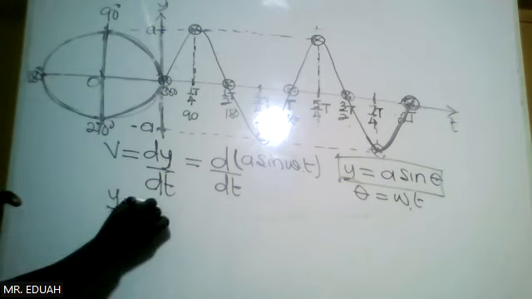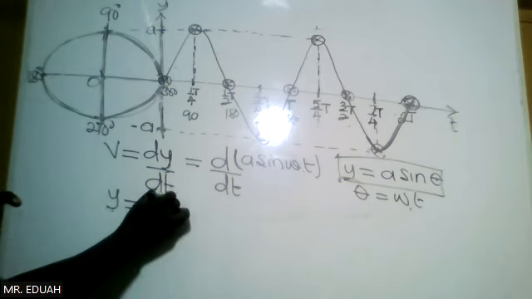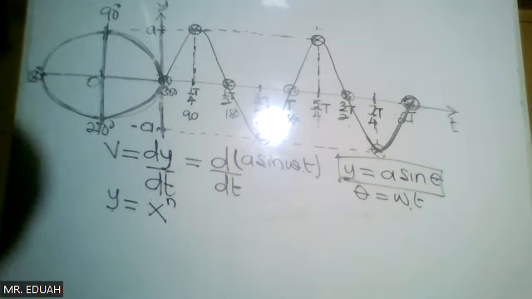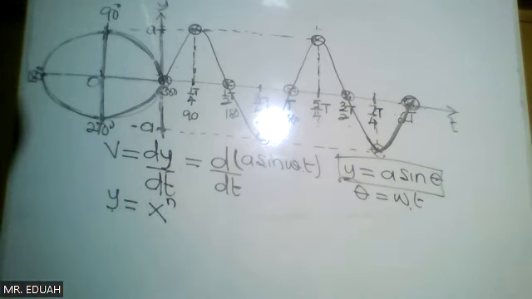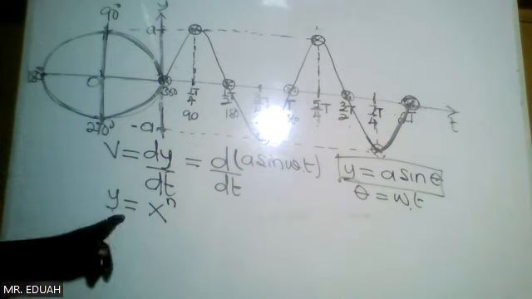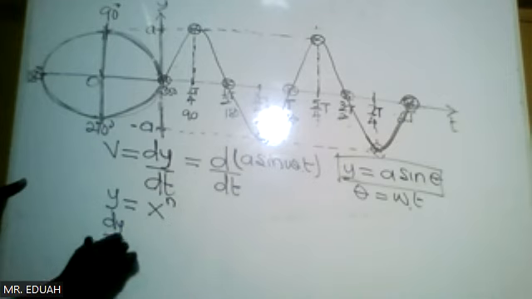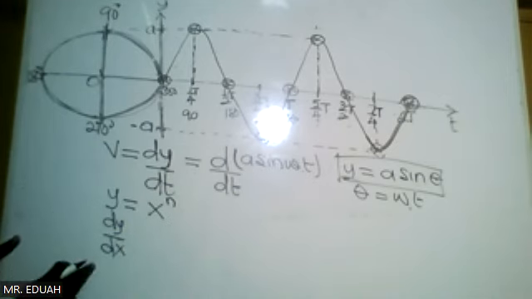Maybe y relates to x by this, where n is a power, and you are asked to find how y changes with respect to x. Mathematically, we express that as dy by dx, how y is changing with respect to x.